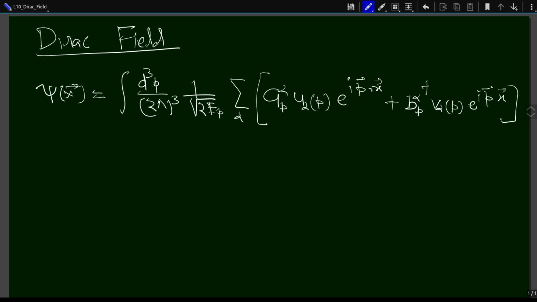So this is the Schrodinger picture. x is there and t, some reference time, is chosen, same as in the scalar field.